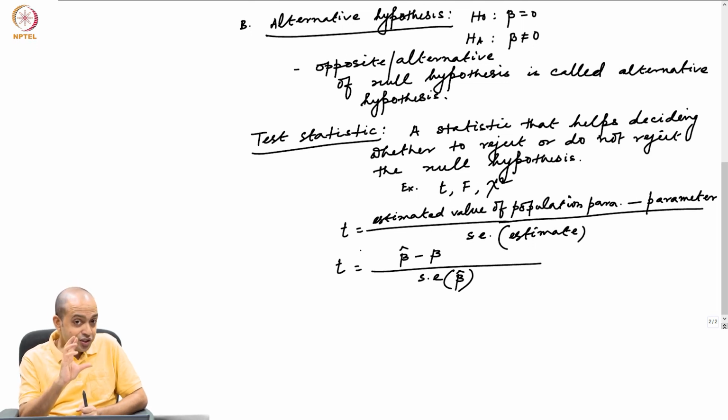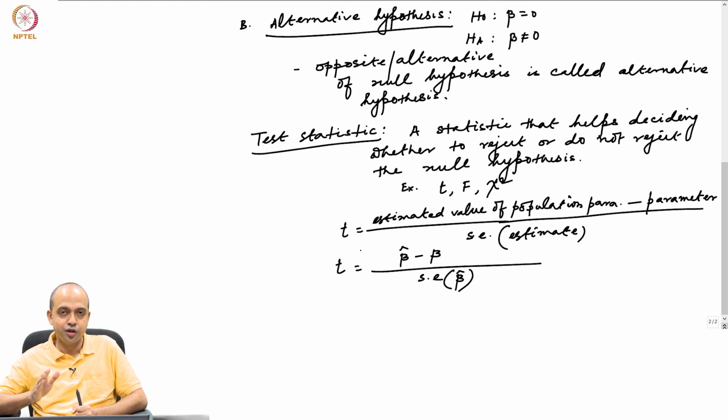Since your null is saying that there is no difference, and our numerator is constructed based on the difference between beta hat and beta, the higher the difference between these two, the larger would be the value of t, and the more information we would have to say that yes, there is a significant difference between the population parameter and the sample statistic.